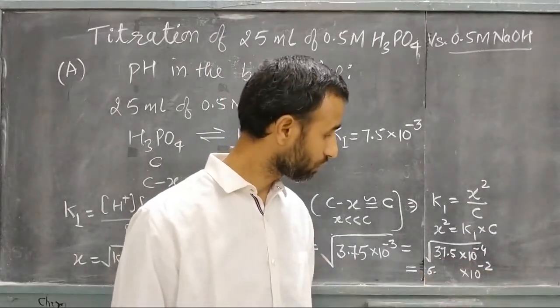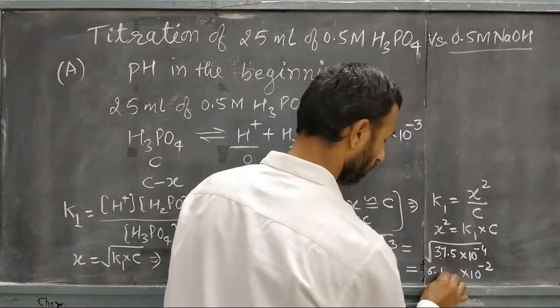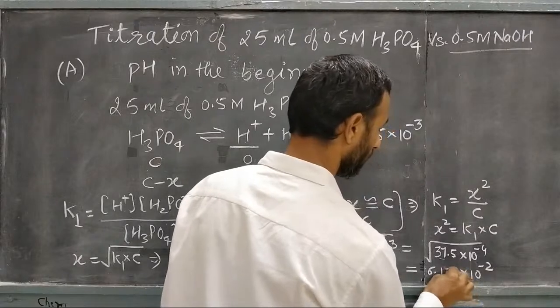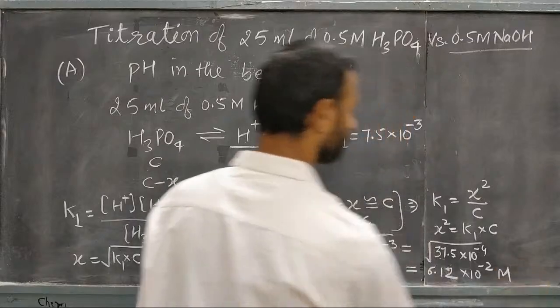Now what is the square root of 37.5? Very good. It is 6.12. Okay. So this is the concentration of H plus ion.